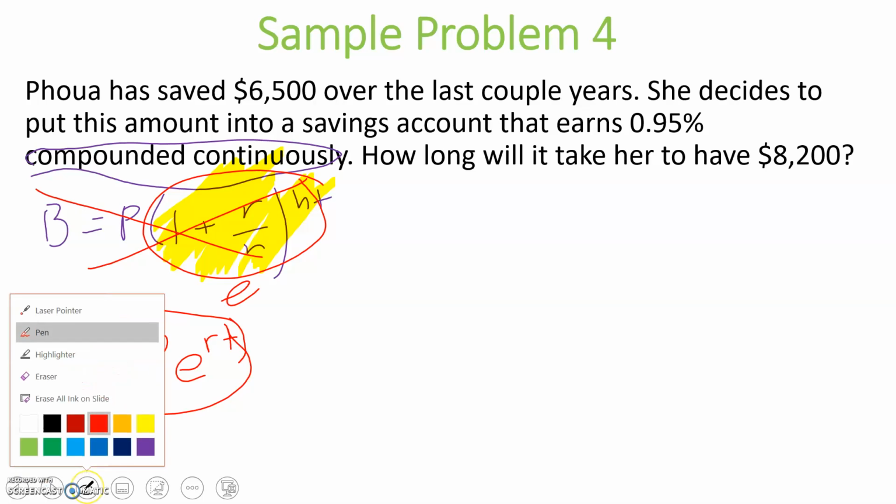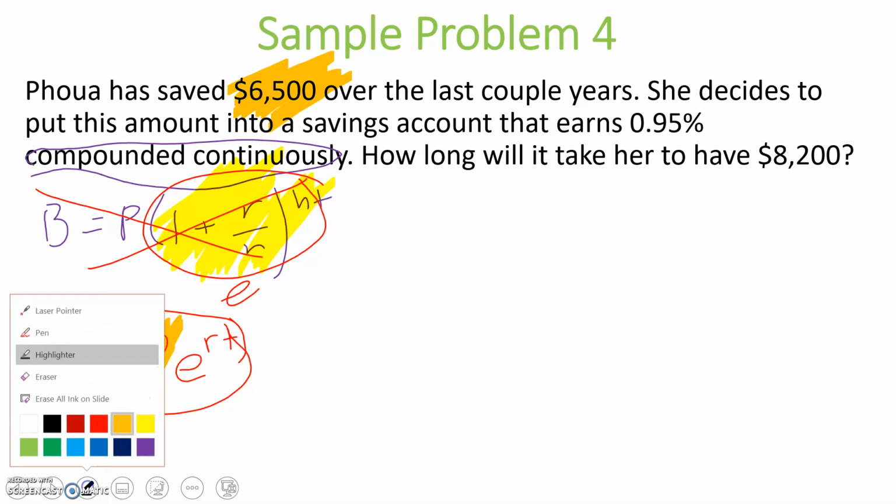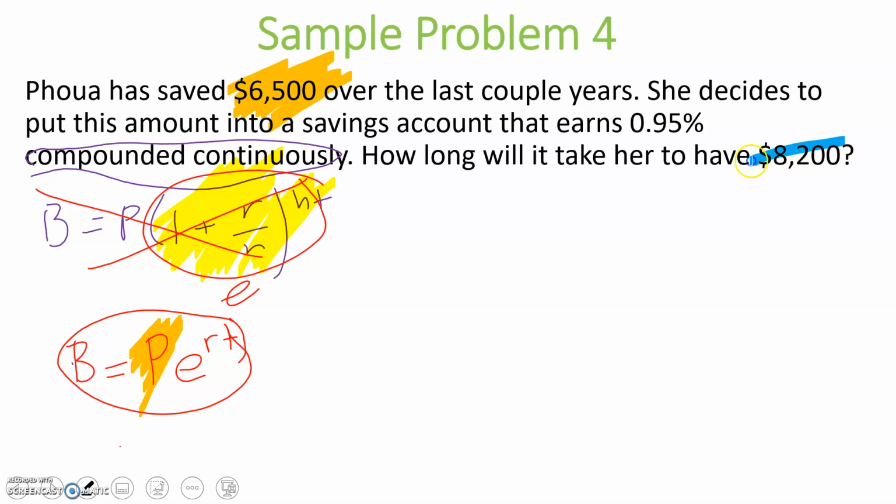All right, so let's do just like we did before, and identify what pieces of information we know. We know that she's currently saved this $6,500. That's the amount she's putting into the account, so that's our principal. We know that she's hoping to have $8,200, so that's the balance she would like to achieve.